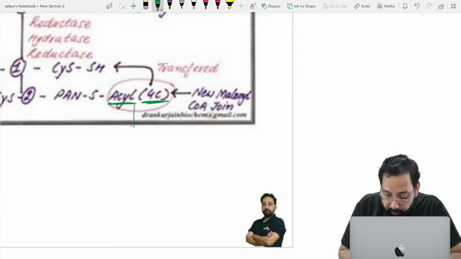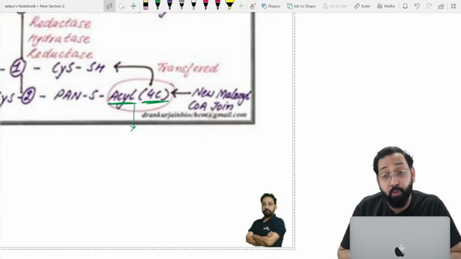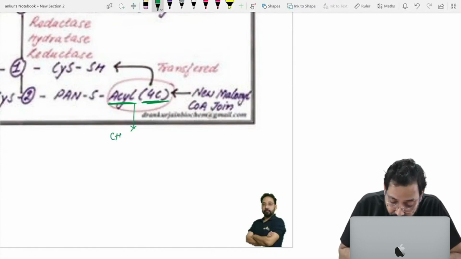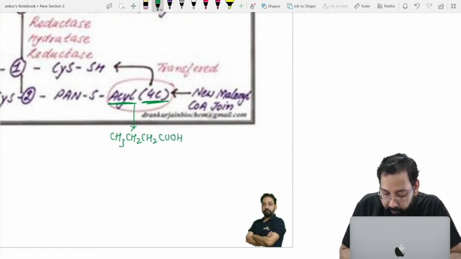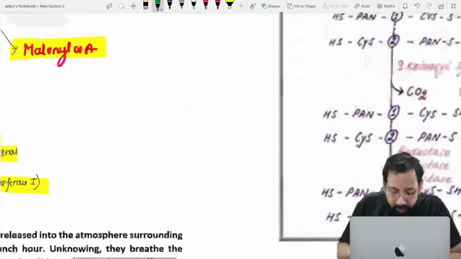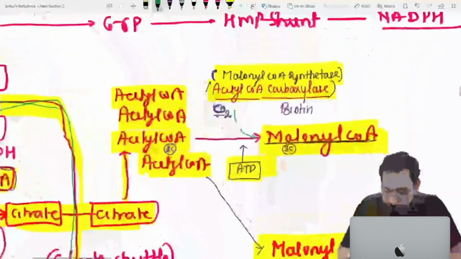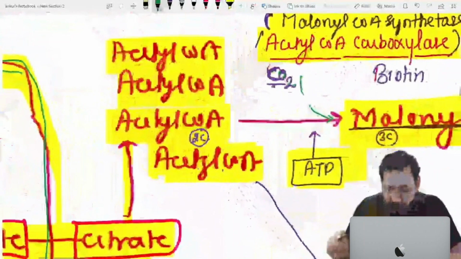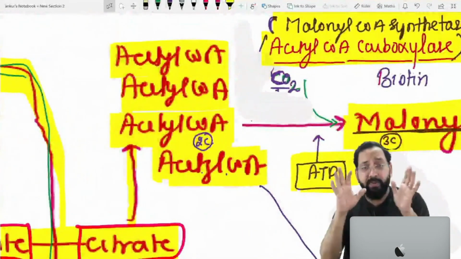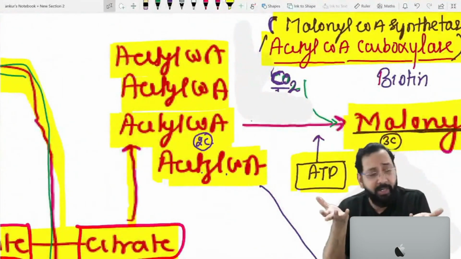Now I want to make this. I also know the structure. You also know the structure of butyric acid. You all know CH3, CH2, CH2, COOH. I want butyric acid to be formed. In real life things are a little bit complicated, but if we think hypothetically and say I want a 4 carbon fatty acid, what can I do?